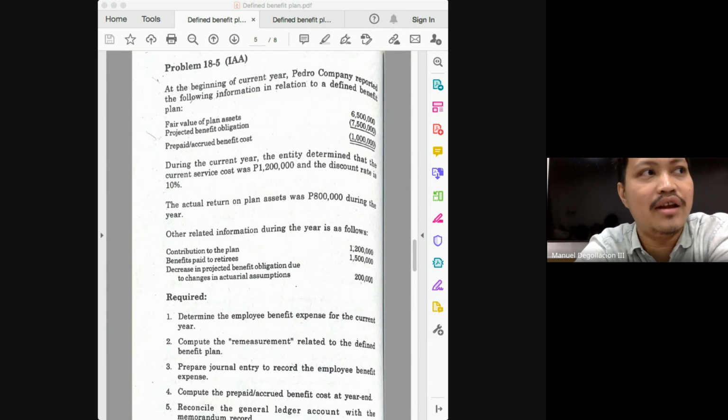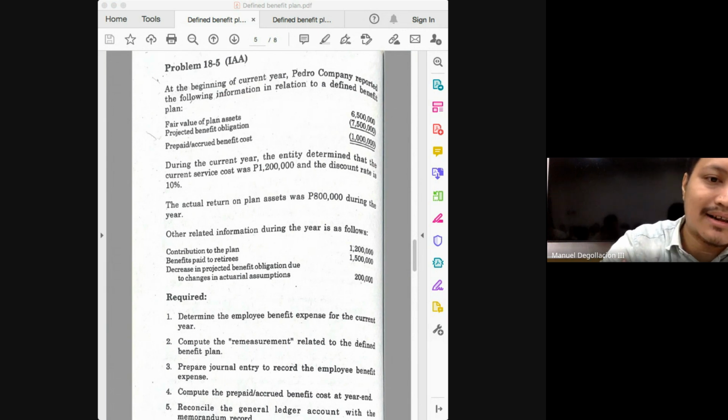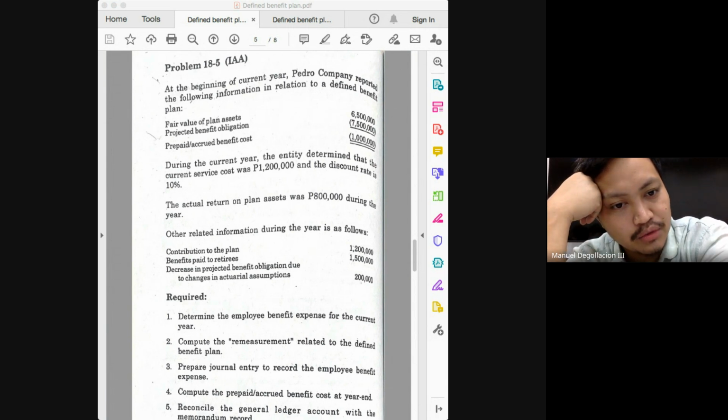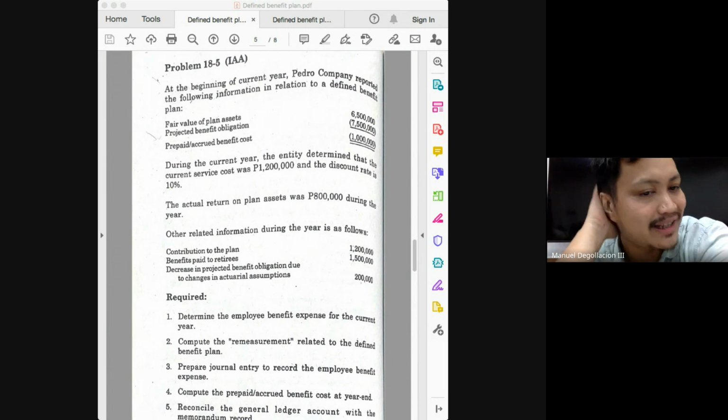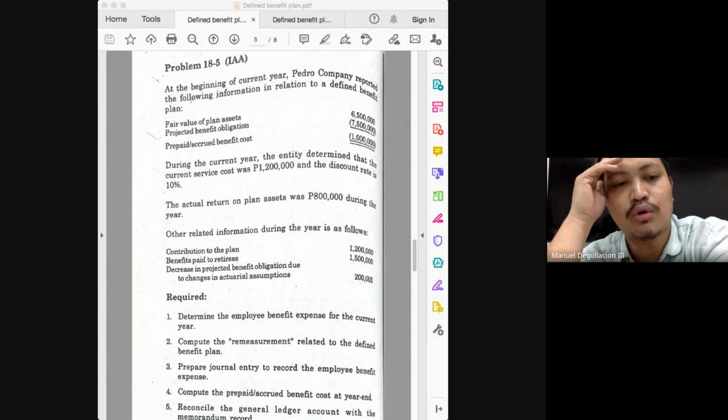What do you have? A gain or a loss? 150. Is it a gain or a loss? Gain because the actual is greater. Okay, but in this problem, class, we have another item that will be included in our remeasurement, and that is the change in your PBO due to actuarial changes.